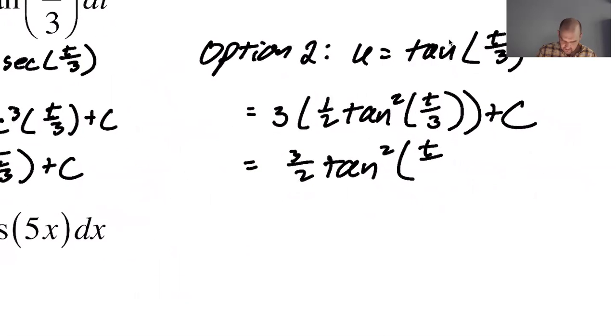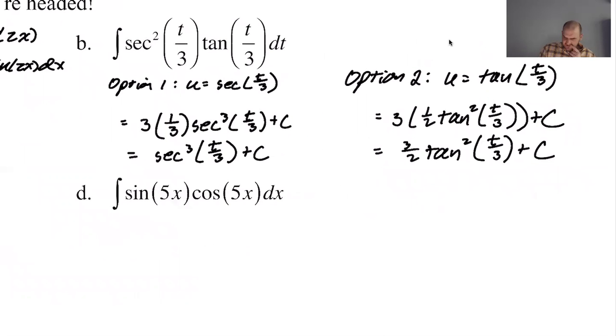These are definitely not equivalent. So what did I mess up? There should have been a 1/3 and a 3. The derivative of secant is secant tan, so 1/3 and a 3, and then you get 1/3.